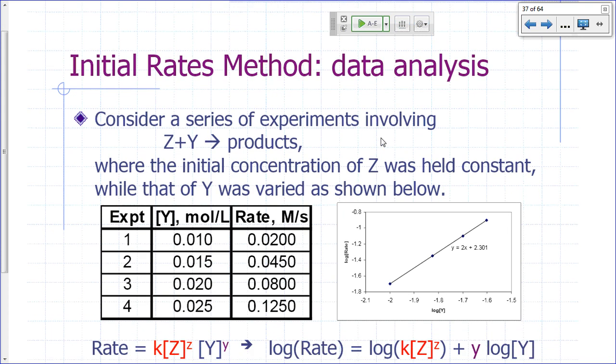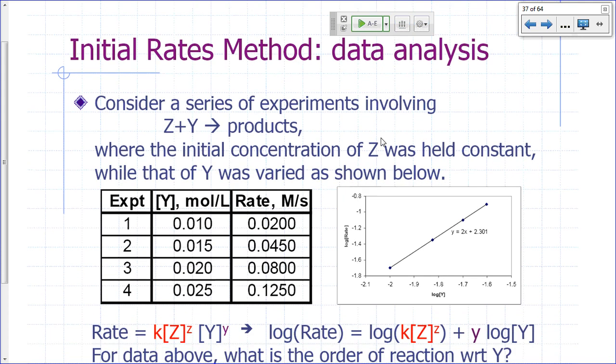Now, a better way is to actually run more than just two experiments. Let's say you wanted to determine the order of reaction with respect to a particular reactant. It's better to run more than just two experiments, okay? So for example, let's say you have a reaction between Z and Y, and you're holding the initial concentration of Z constant, okay?